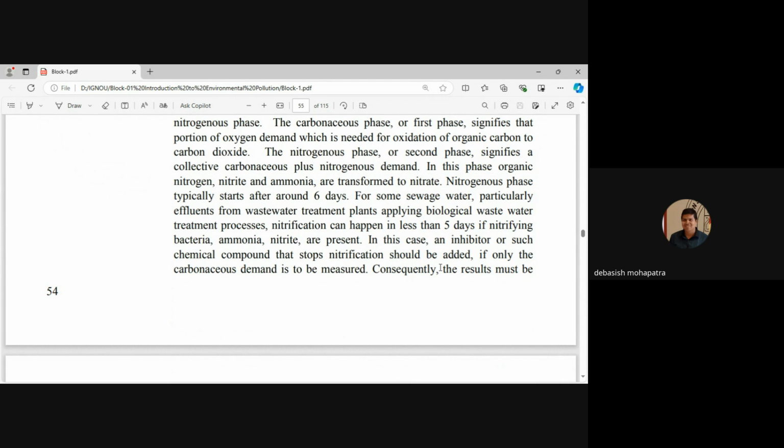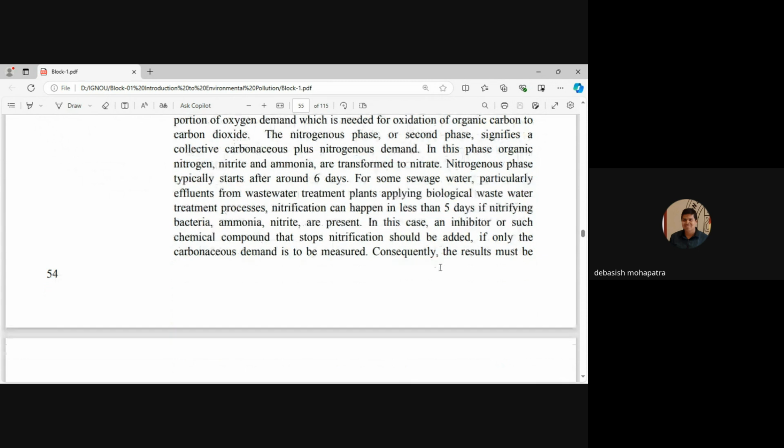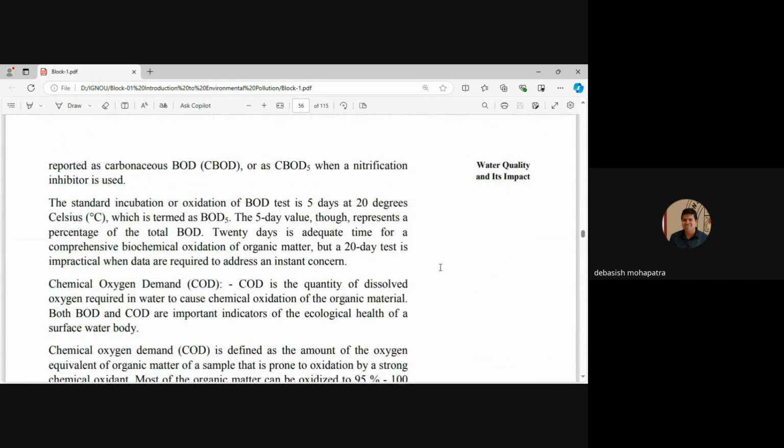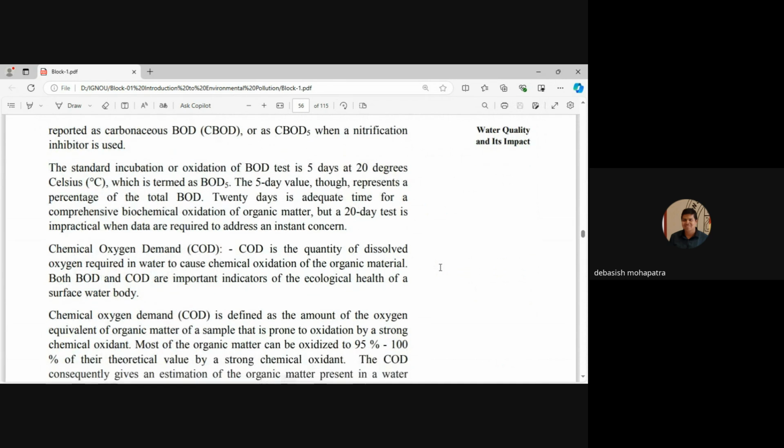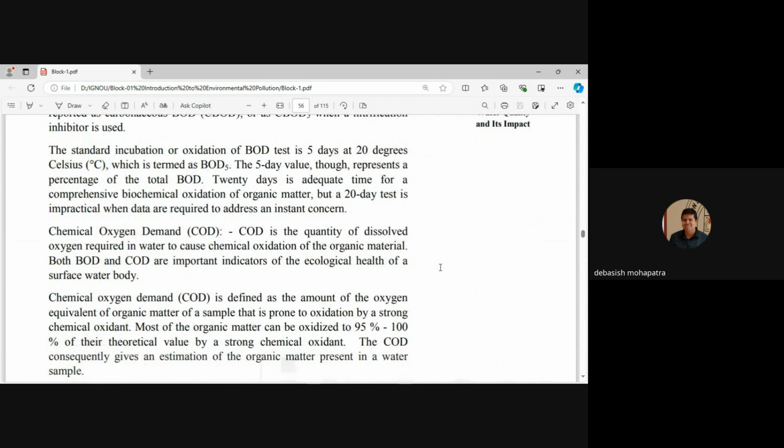If only the carbonaceous demand is to be measured, the results may be reported as carbonaceous BOD, CBOD5, when a nitrifying inhibitor is used. So the standard incubation for the BOD test is 5 days at 20 degrees Celsius.